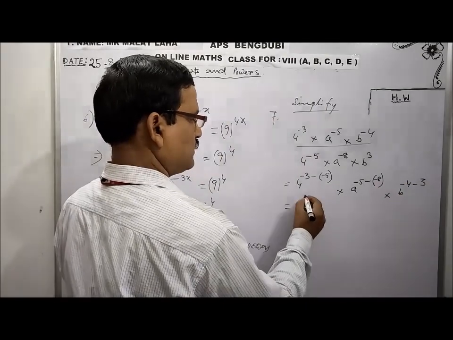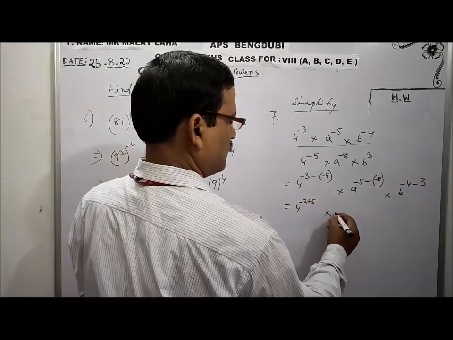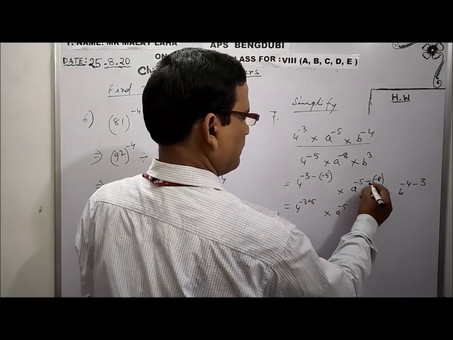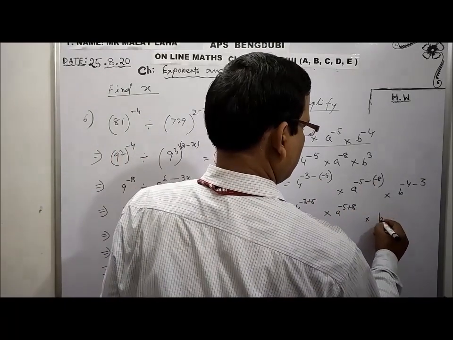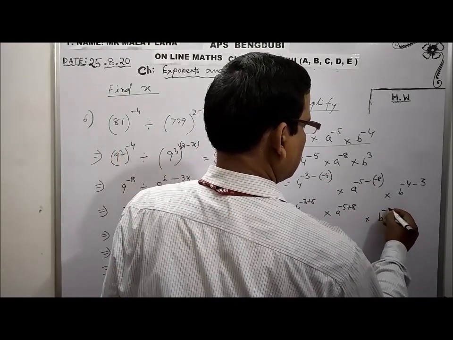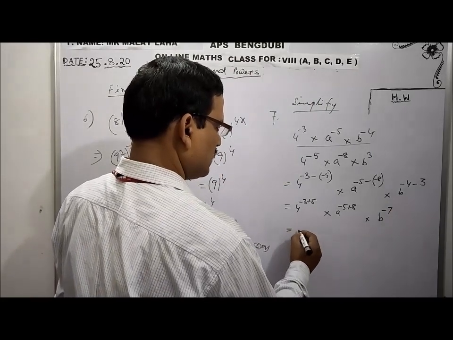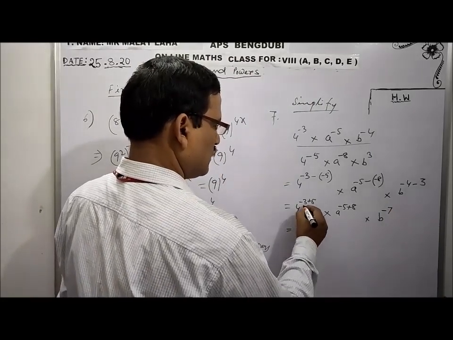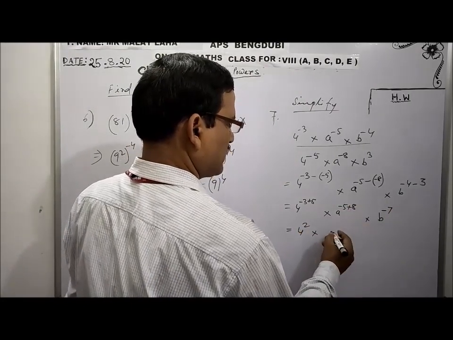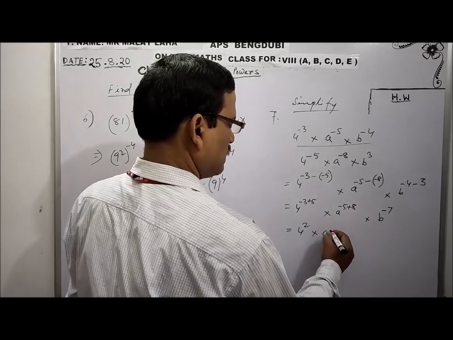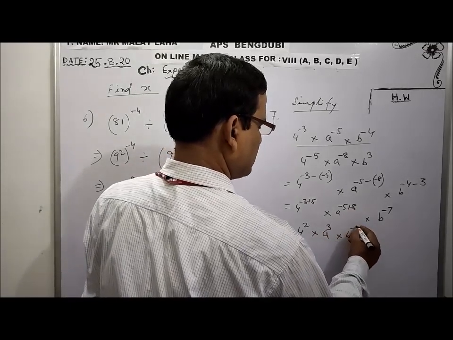So 4 raised to minus 3 minus minus plus 5 into a raised to minus 5 minus minus plus 8 into b raised to minus 7 minus minus plus. Now simplify this one. So 4 raised to 2 into this one, after calculation I am getting a raised to 3 into b raised to minus 7.